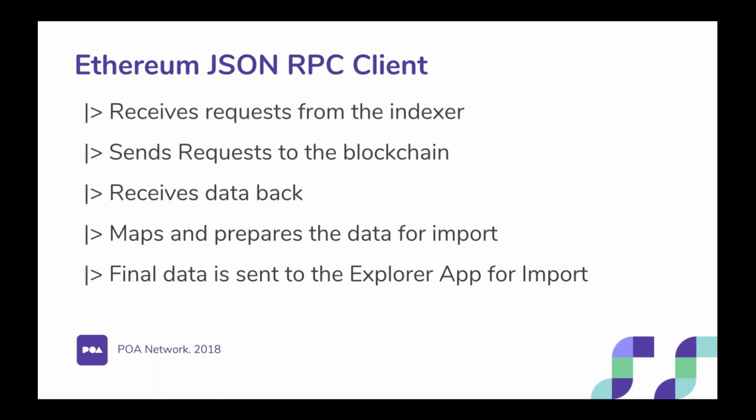If we see new information that we don't expect, we will blow up, but that's on purpose. We want to know if there's an information type that's not right, if it's some extra field that's there. We'd like to see that and map it in the future accordingly. And then finally, the final data is sent, of course, to the Explorer app for import.